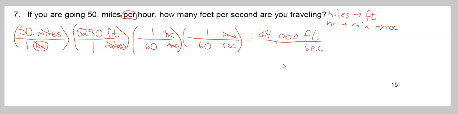And then on the bottom, 60 times 60 is going to give me 3,600. And then I simplify that further. I would get 73.33 repeating.